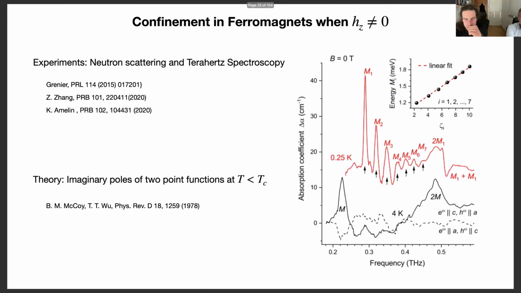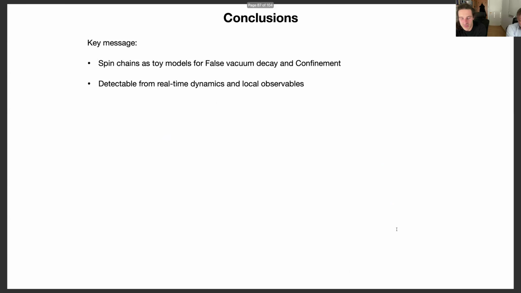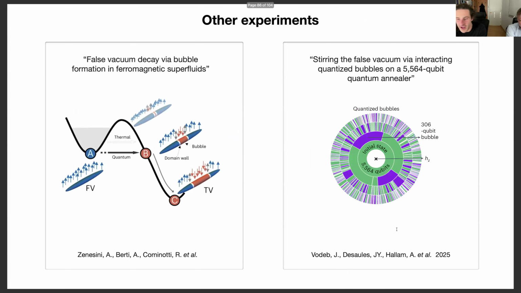I think this experiment is very interesting, though for the sake of field theory it's a bit far from the field theory limit. But it's nice that they change the longitudinal field and select exactly the critical size of the bubble, and they essentially measure and nucleate exactly the critical bubble of that size.